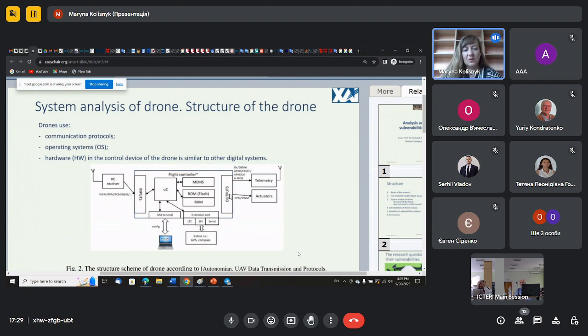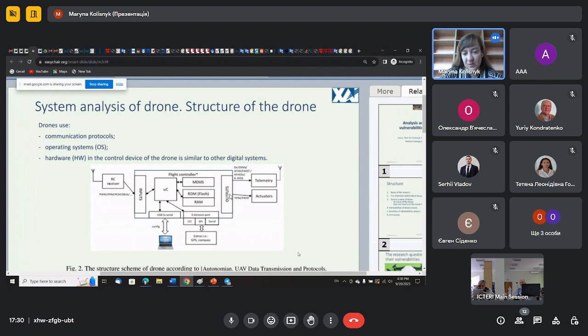Hardware in the control device of a drone is similar to other digital systems, and we can find different types of memories, random access memory, read-only memory, also specific components like microscopic devices to analyze data from cameras, for example, and GPS, compass.